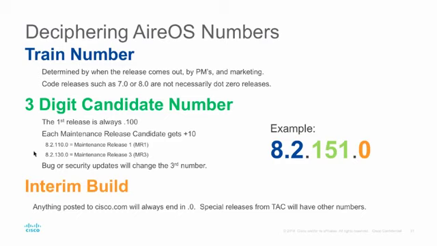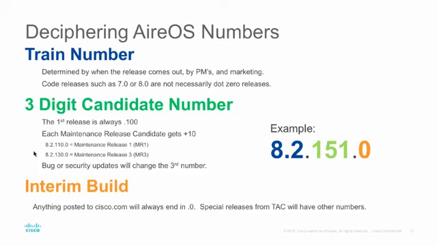And we will simplify that internally and just say 8.2 MR1. Currently, we are on 8.2 MR5, which is 151 there. And then if we do have any last-minute bug or security updates that can get out, we will update the third number in the three-digit candidate number.